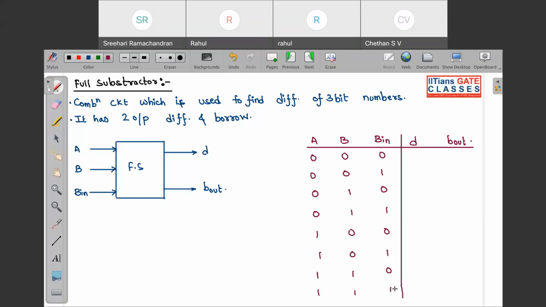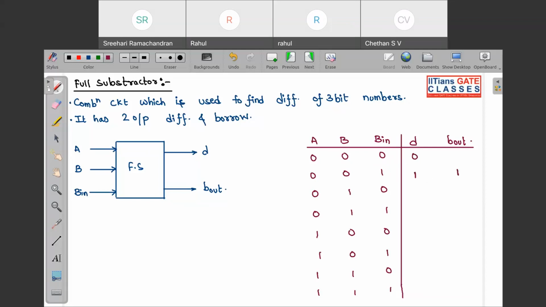Tell me very quickly what will be the difference. See, difference will still be the same. So this will be 0. Here it will be 1.